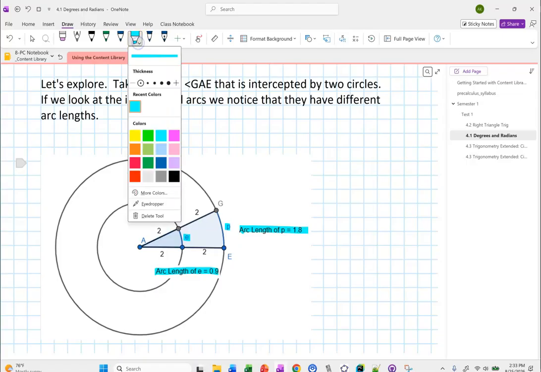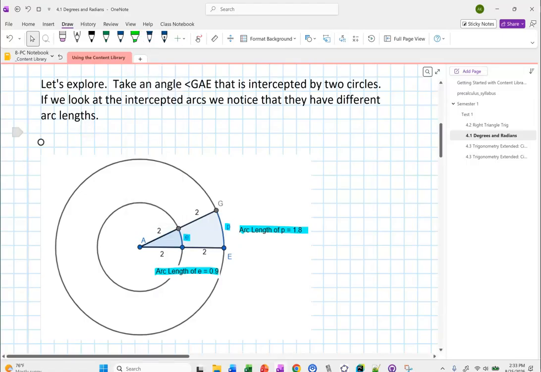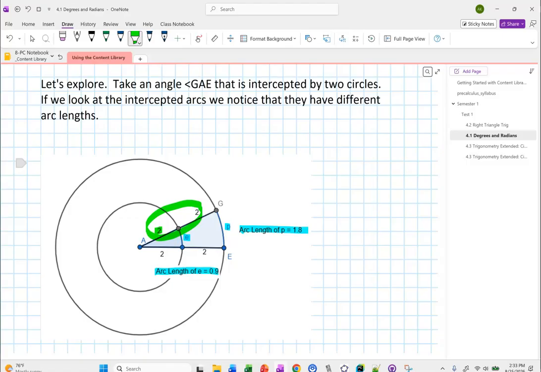If I look at the radius of these 2, the radius of the smaller circle is 2, and the radius of the bigger circle is 4. What do I notice again? It's also double the size. So maybe I think to myself, okay, if I take arc length and I divide it by radius, for both situations I should get the same answer for both, right?